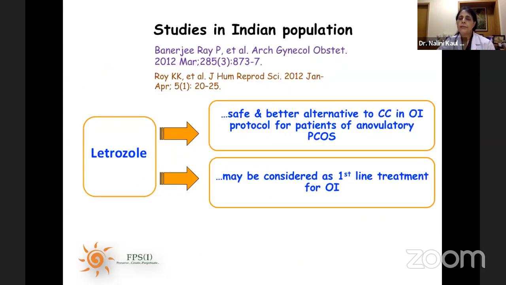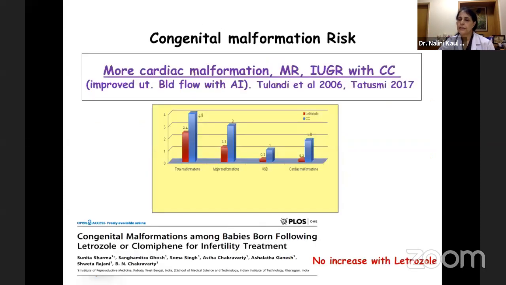Now, excellent studies have been done in the Indian population, which again showed that it was a very good drug, safe, and a better alternative to clomiphene, and we should consider it as first line of treatment. Now, those of you who are older will remember that there was a huge hue and cry about congenital malformation risk with letrozole. In fact, the drug was banned in India.